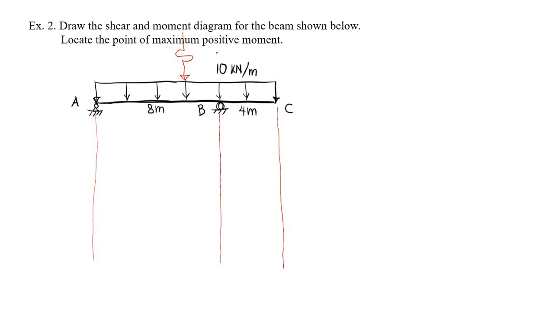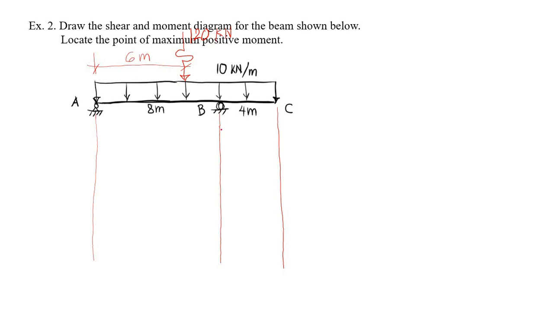Now 10 times 12 is equal to 120 kilonewton, and this is now acting at 6 meter distance from support A.